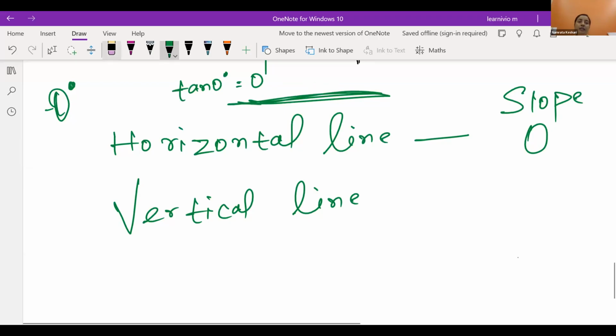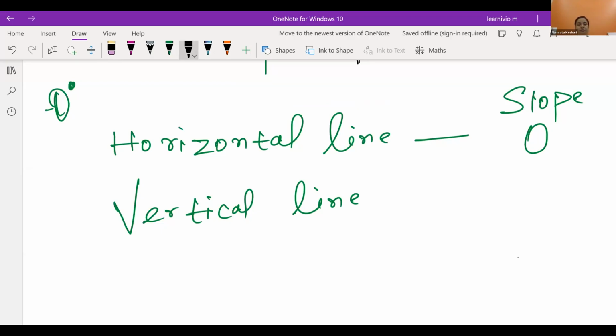That's why I was telling you that for 0 degrees it will be 0. Slope is a number which represents how much exactly the line is inclined with the positive direction of the x-axis. Clear? Yes, ma'am. So these are the basics which you need to know.